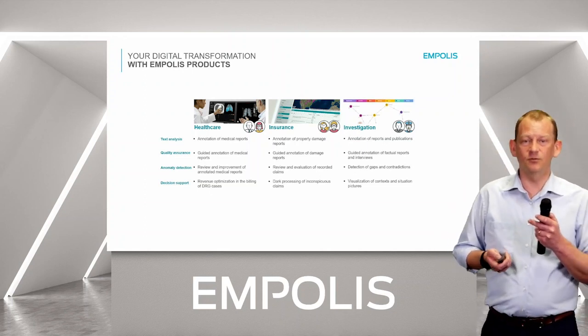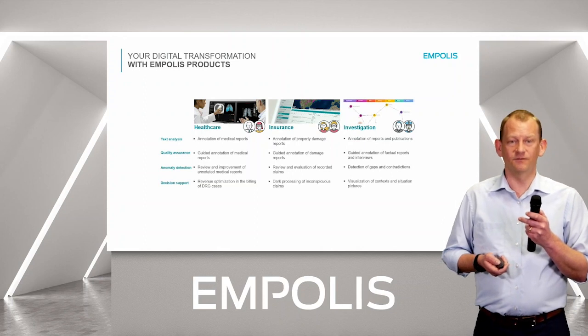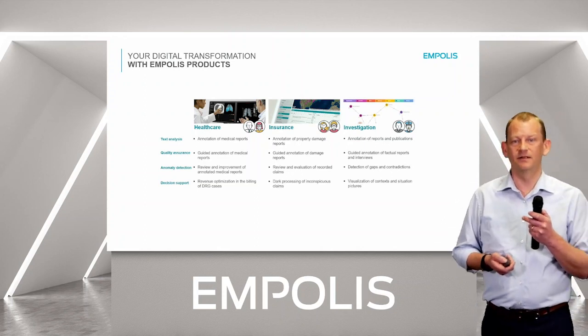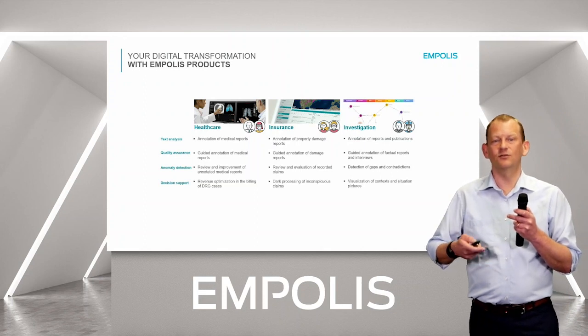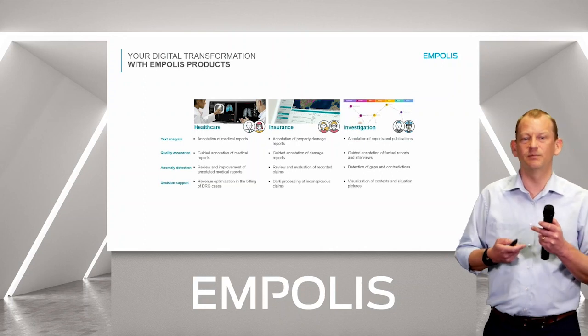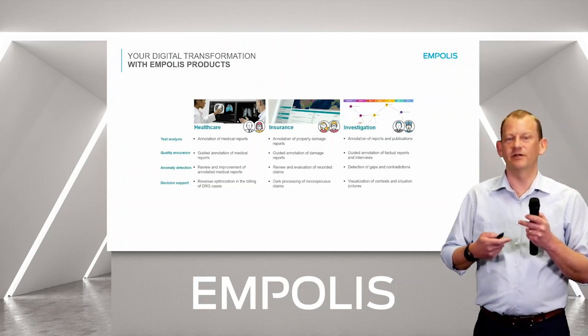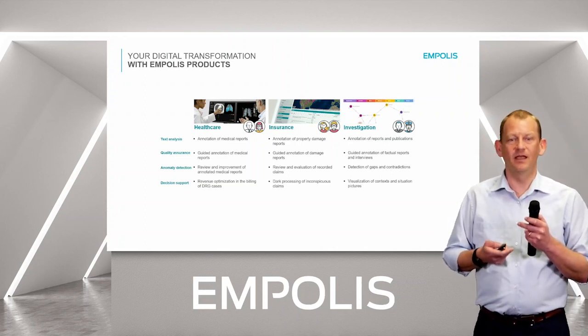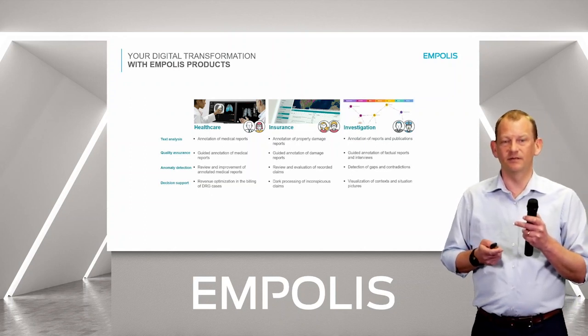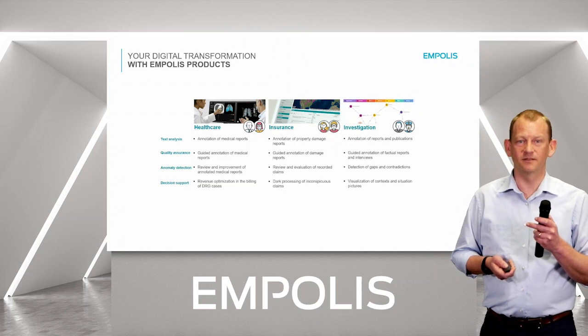And finally, investigative authorities are also faced with the problem of having to evaluate large volumes of texts. Here, the task is to record complex interrelationships, document them in a comprehensible manner, and check them for contradictions and gaps. Everything is completely different, but it's always about similarity. That is what our platform does.